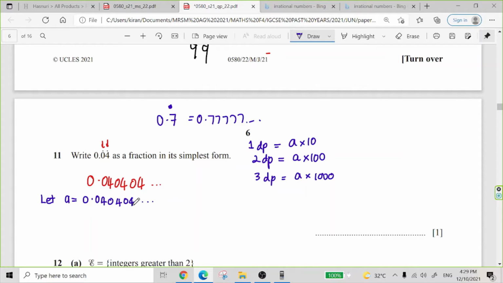And then we multiply with 100 because we have 2 repeated decimal places. So we take 100 and multiply with a.